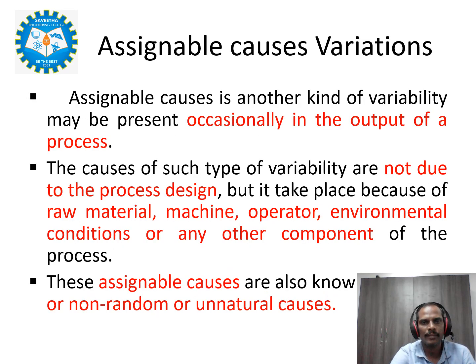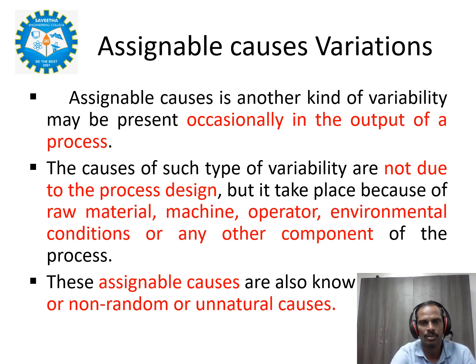And an assignable cause is another kind of variability that may be present occasionally or in a particular section of the output of the process. These causes are not due to the process design but arise because of the raw material, machine, operator, environmental conditions, and other components.